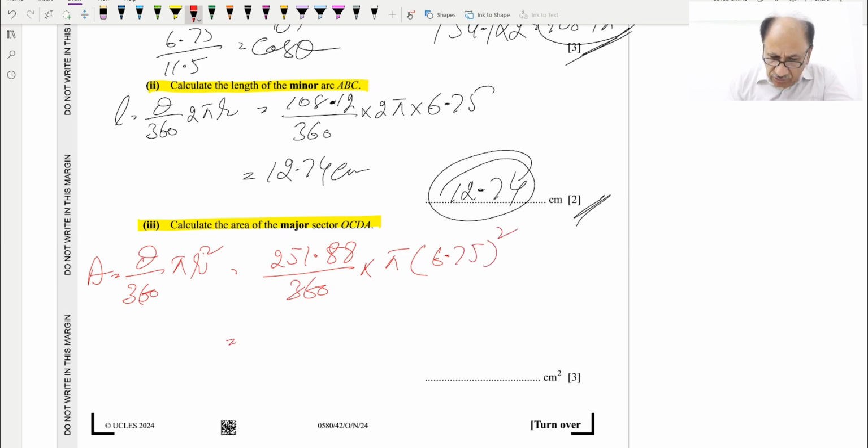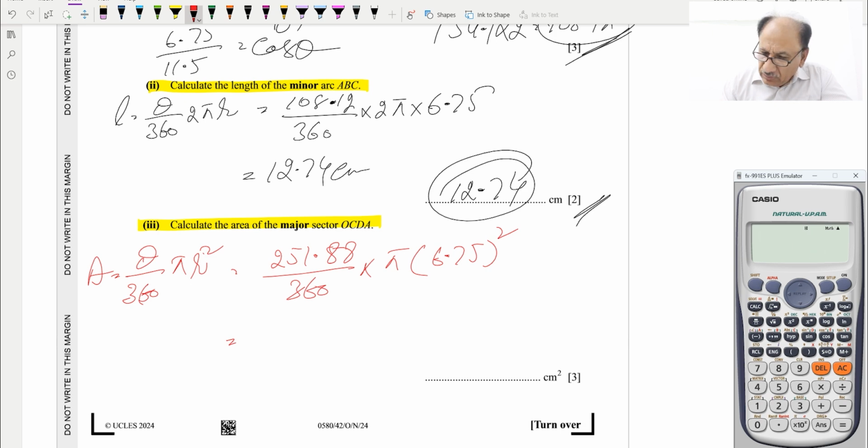The calculation will be 251.88 over 360 and multiply by 2 pi, and then multiply by 6.75 square.